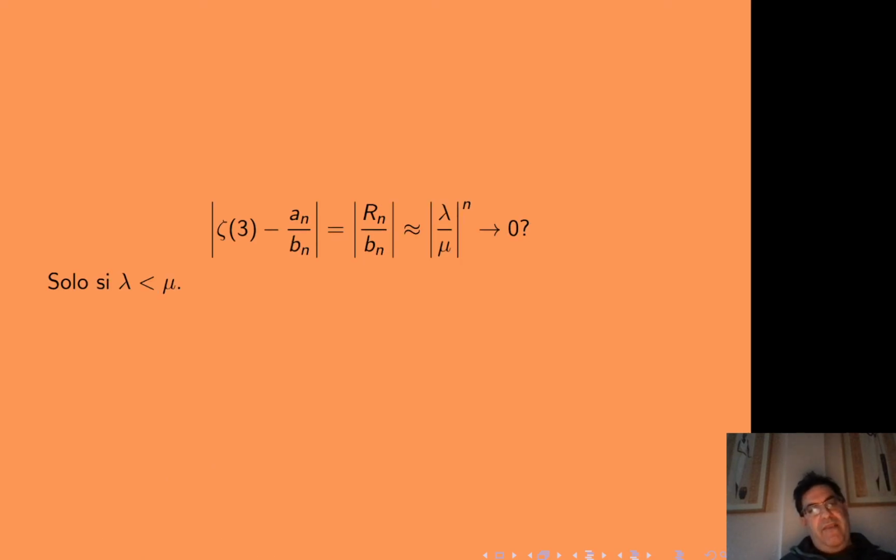Okay, so the problem, of course, is if you have this expression theta 3 of minus a_n over b_n, if r_n over b_n fulfills something like (lambda over mu) to the n, is this tending to 0? Well, this is the case only if lambda is less than mu in absolute value.